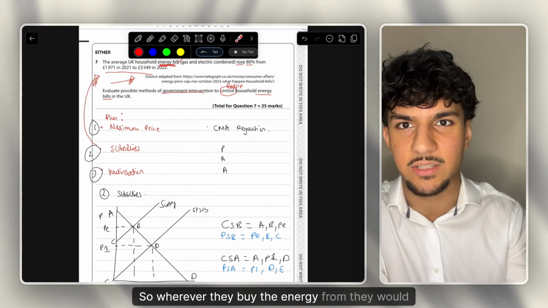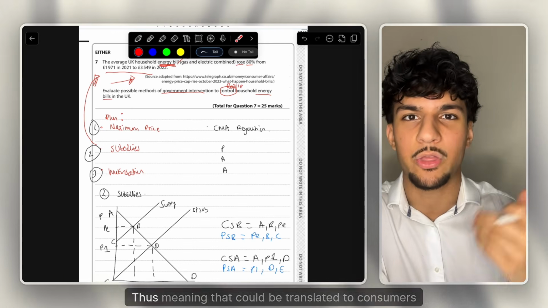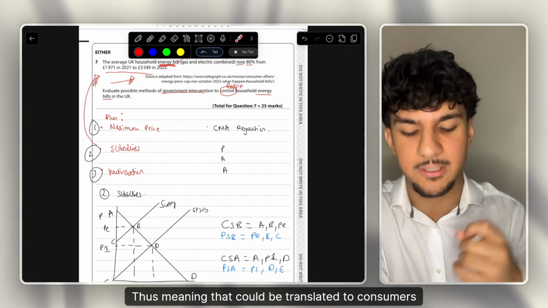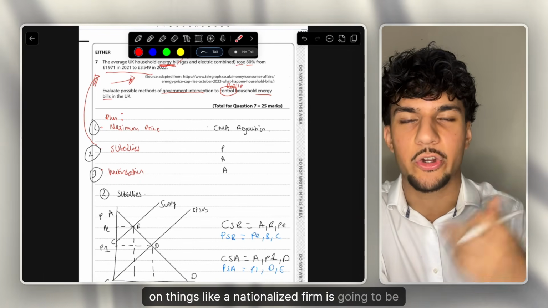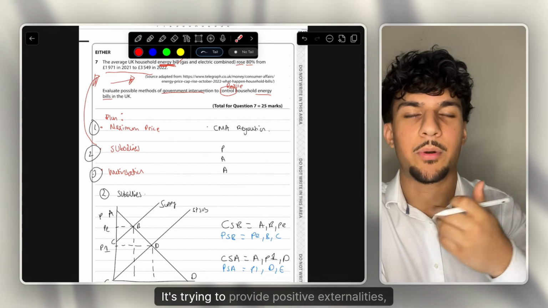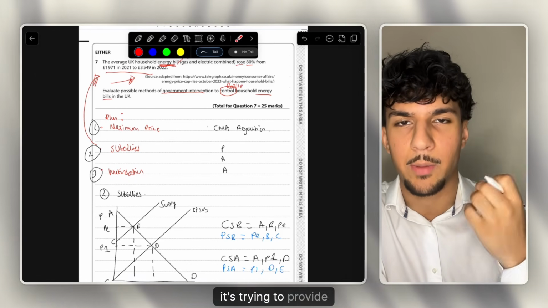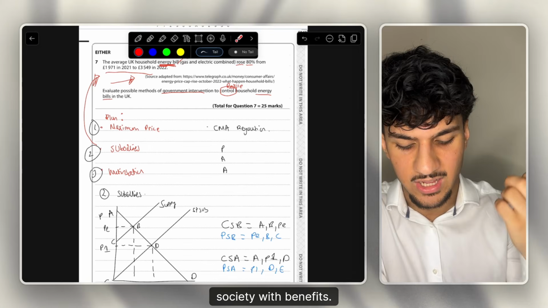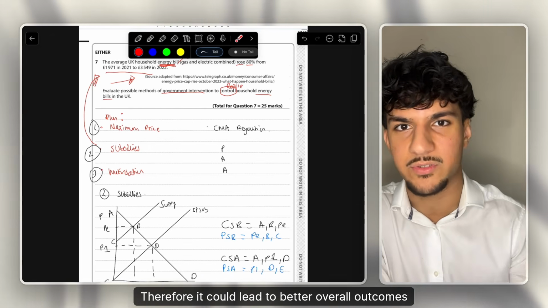So wherever they buy the energy from, they would have lower costs, which could be translated to consumers. And a nationalised firm is going to be allocatively efficient. It's trying to provide positive externalities. It's trying to provide society with benefits. Therefore, it could lead to better overall outcomes for society.